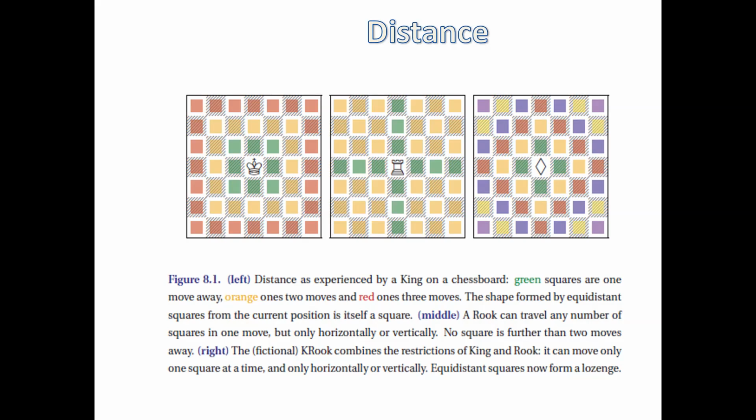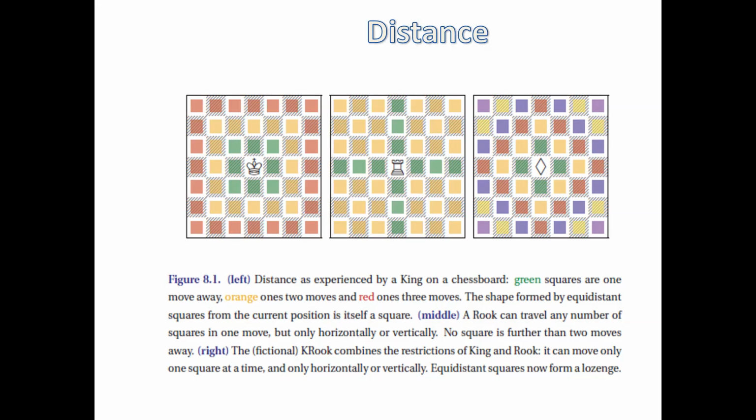For the king standing in the middle of the chessboard, the green boxes are one move away, so the distance from the green boxes to the king will be 1. Similarly, the orange boxes are 2 moves away, and the red boxes are 3 moves away. That's how the king perceives its distance.